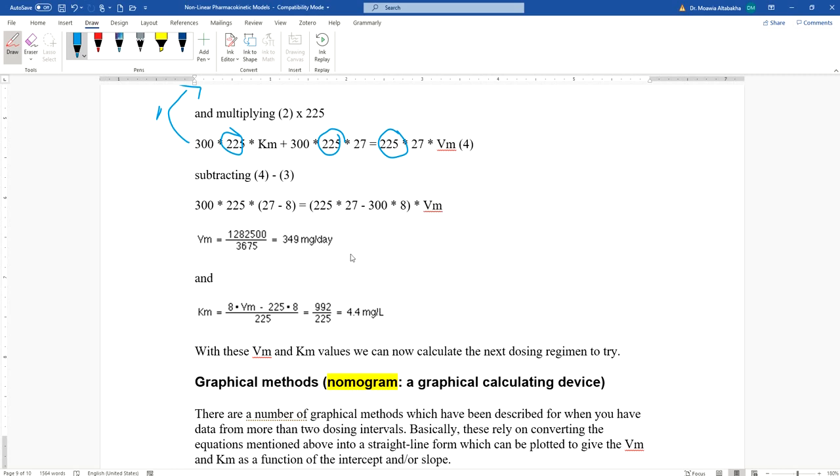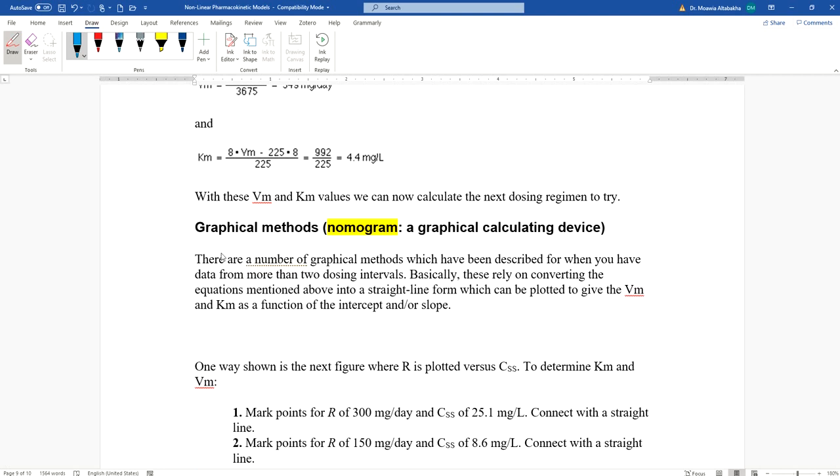Okay. Now, the other way, which is a simpler way, is using graphical methods.